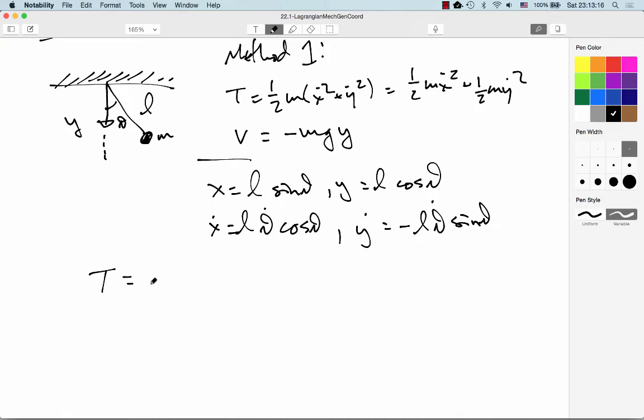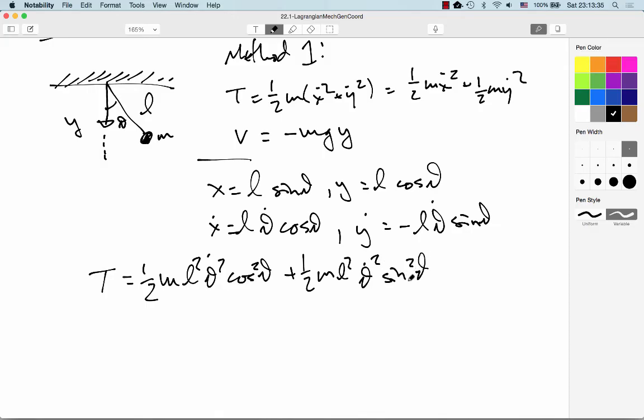Let's stick all those into our expressions and see what we get. We get 1/2 m L squared theta dot squared cosine squared theta plus 1/2 m L squared theta dot squared sine squared theta.